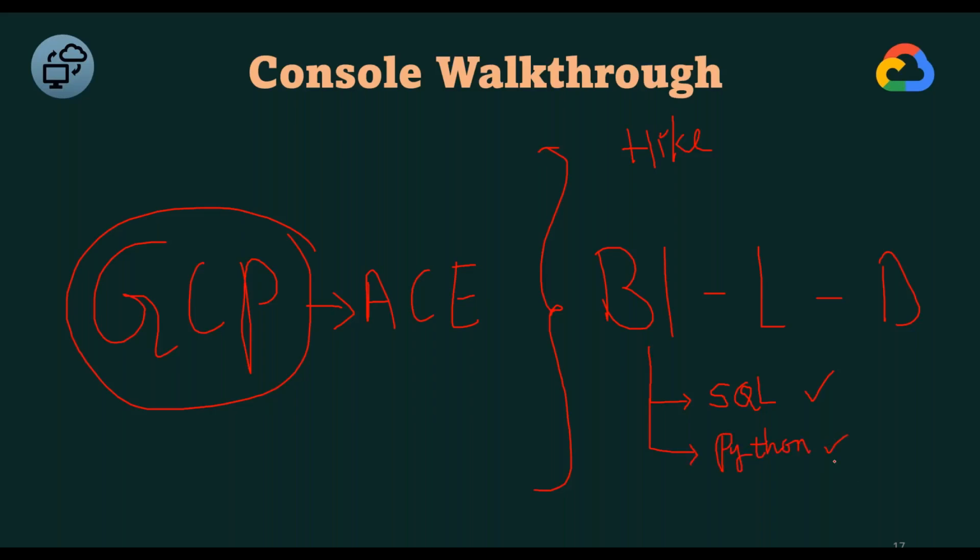What is the difference between a GCP developer and a data engineer? It could be a little different, but you don't see much difference. As a BI engineer you spend time on the data, and a data engineer also spends time on the data.